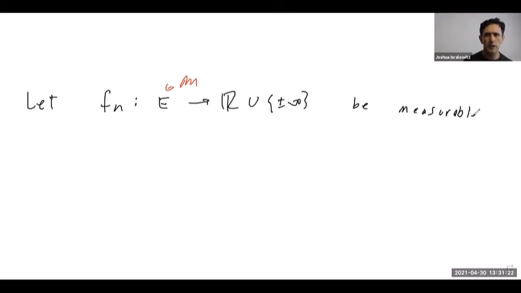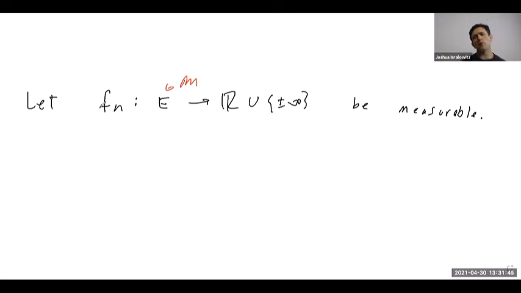So for each natural number n, this is measurable. I want to mention the previous proposition that we proved: if g is real valued measurable, then modulus g raised to the power p, for positive p, is measurable.